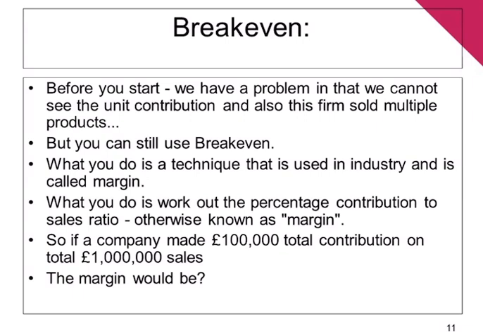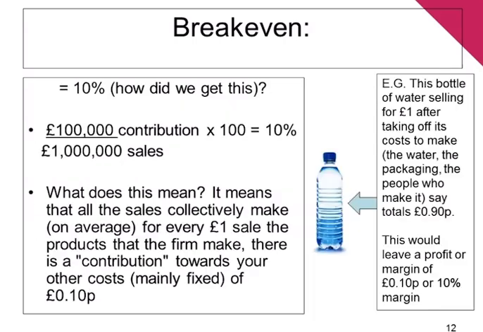So let's go down to the bottom. If a company made 100,000 total contribution on £1 million sales, what would the margin be? Well, the margin is incredibly straightforward. It's 10%. So what does that mean?